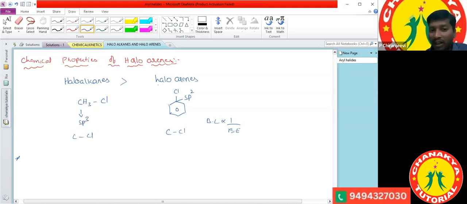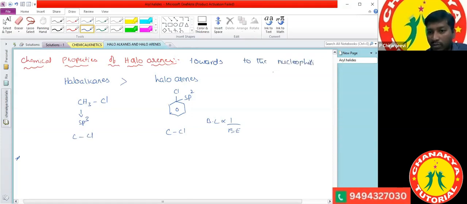Now you got the clarity. I'm giving the clear statement: haloalkanes are more reactive towards the nucleophilic substitution reaction, and the reactivity we can clearly explain. So why are haloarenes less reactive towards nucleophilic substitution reaction?